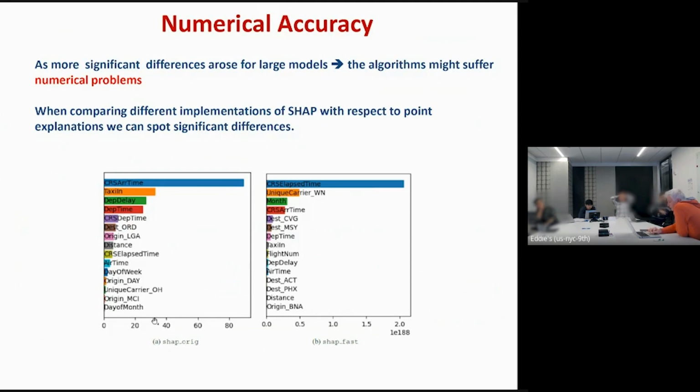For example, we even looked at two implementations of the Shapley value, and they gave totally different results, even totally absurd numbers and things like this.